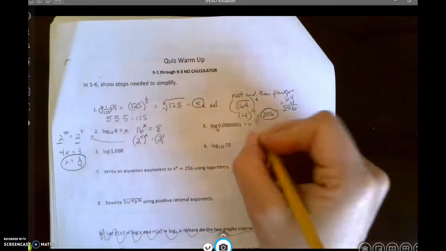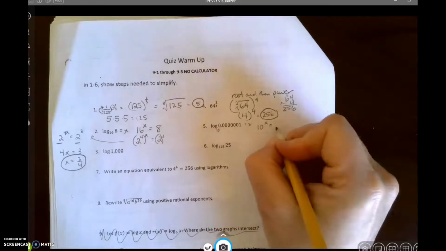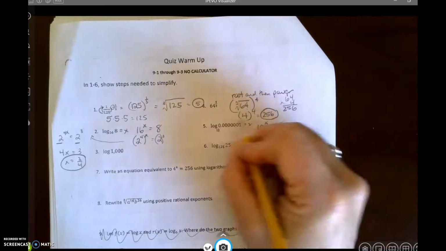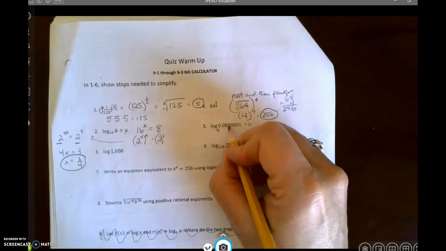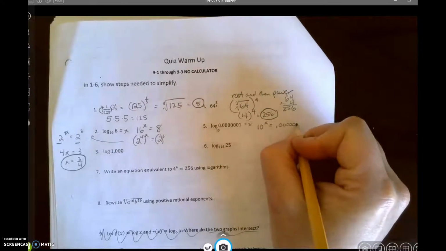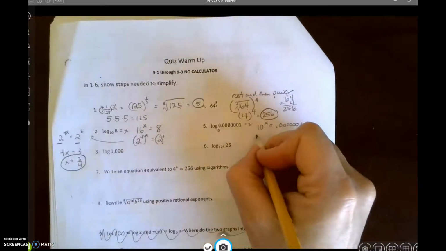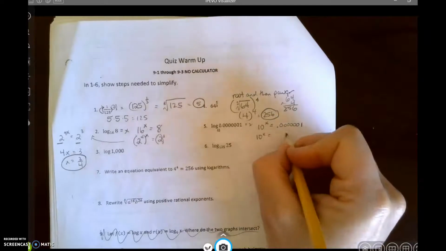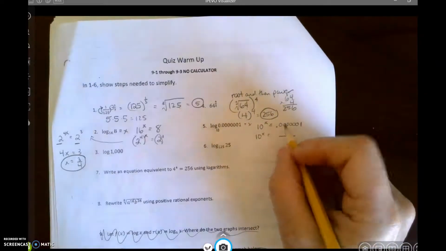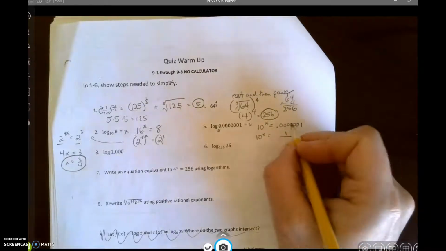Okay, number 5, you've got to remember this is a base 10. This equals x. So 10 to the x equals 0.0000001. I know that this is moved over.